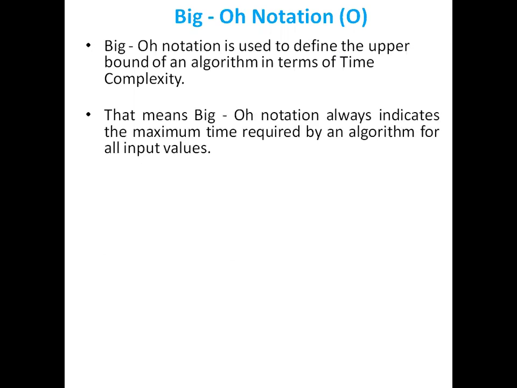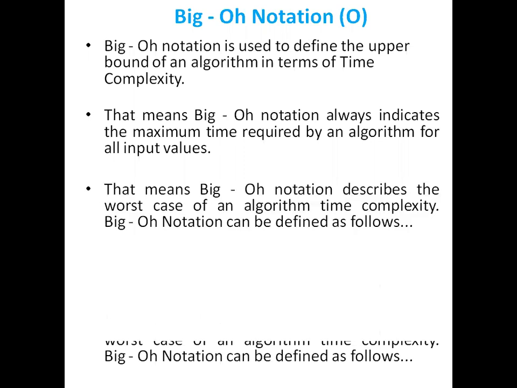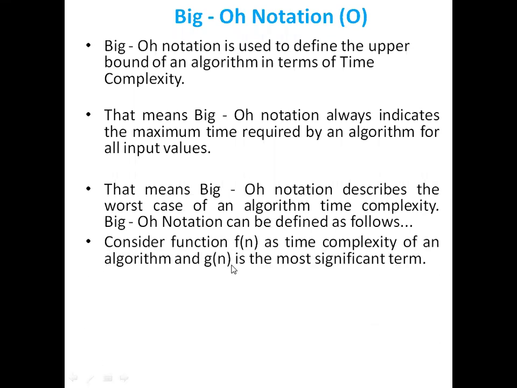That is, the big OH notation always indicates the maximum time required by the algorithm for all input values. In big OH notation, we consider the function f of n as the time complexity of the algorithm, and g of n is the most significant term.